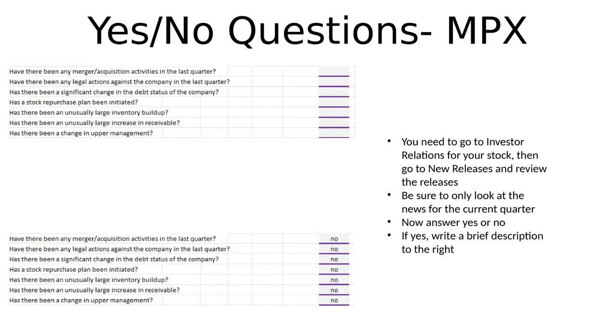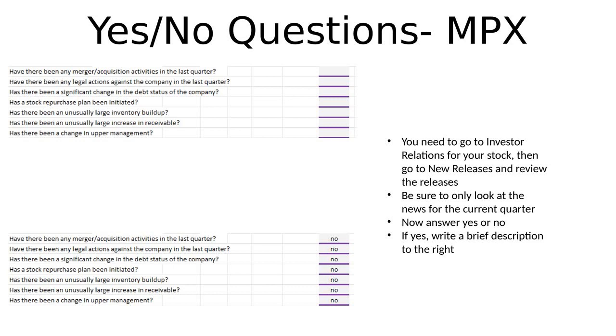Now there's these questions here that need to be answered. Yes, no, yes, no. So I gave you the blank. You go to investor relations for your stock, then you go to news releases and review the releases to see: have there been any changes in upper management? Have they started a stock buyback or repurchase program? Significant debt?